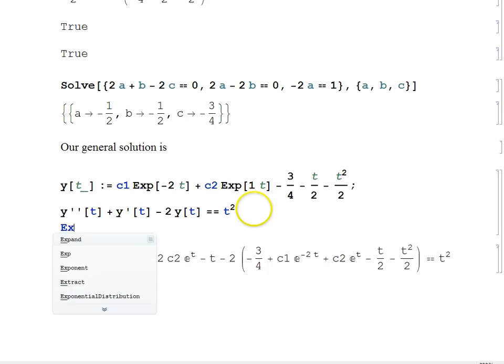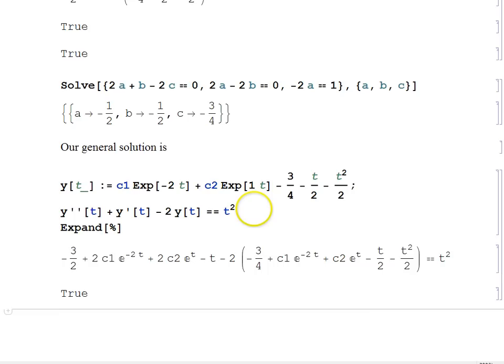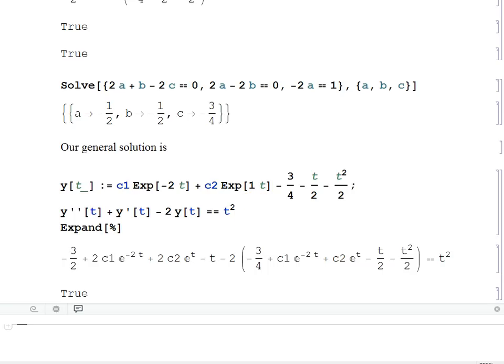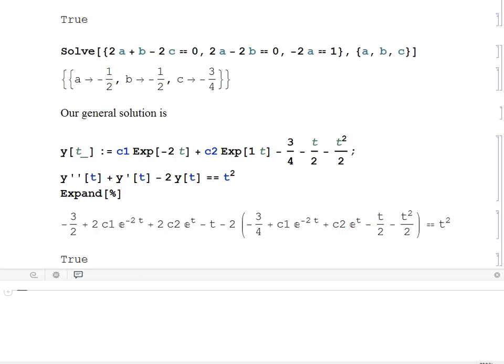Wait a minute. Let's jiggle it up a little bit and see what happens. True. So the solution we would get is any real number times exponential minus 2t, any real number times exponential 1t, minus this polynomial. Now let's see what the book says.